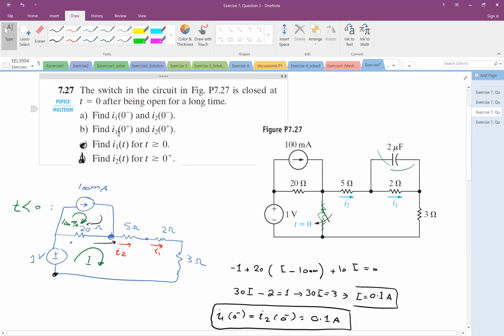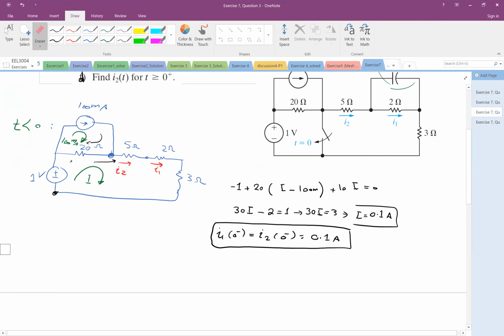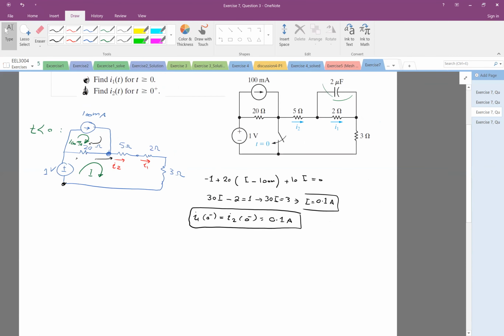Now it says find I1 at 0 plus and I2 at 0 plus. So basically at t equal to 0, we close the switch and we want to find the current just right after the switch. So I would write t equal to 0 plus. So how will the circuit be?